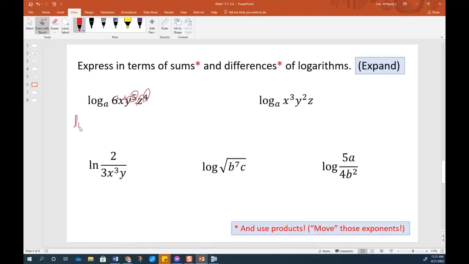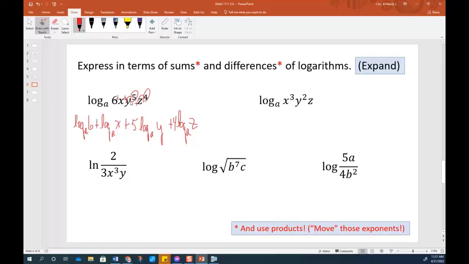So if you look at this one, then it's going to be log base A of 6 plus, see I had my little plus written there, and I'm just going to always write that log base A of x plus, now this one I've got to bring that 5 to the front, so that's going to be 5 log base A of y plus, and this 4 is going to come to the front of the z log, so that'll be, oh, I almost forgot it right after I said it, log base A of z.